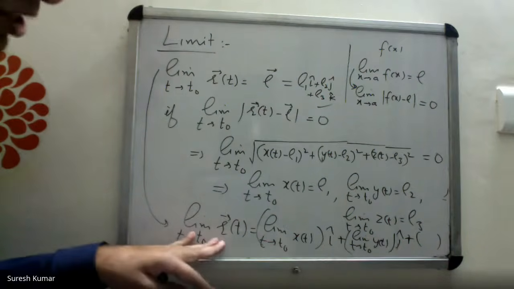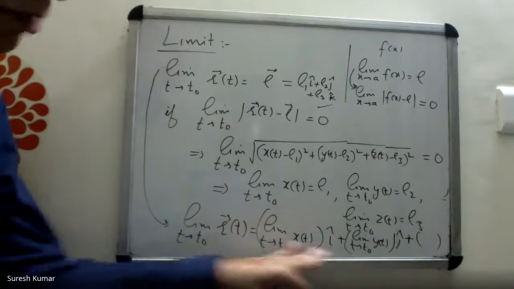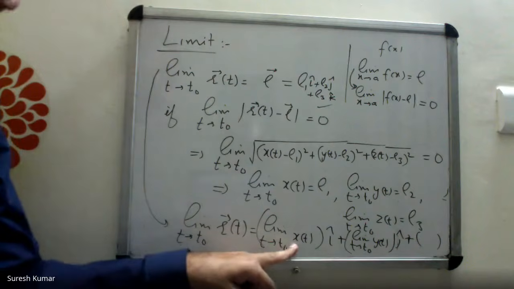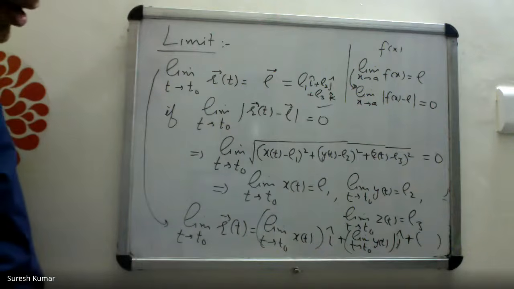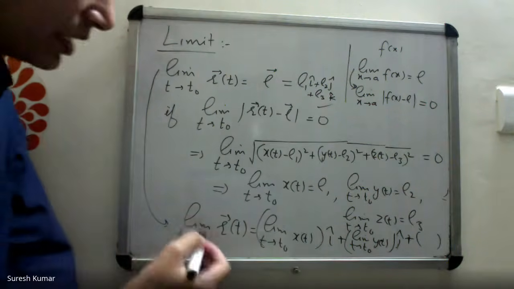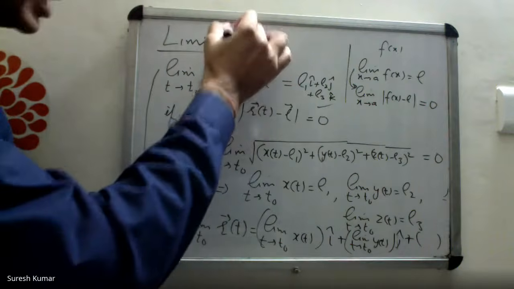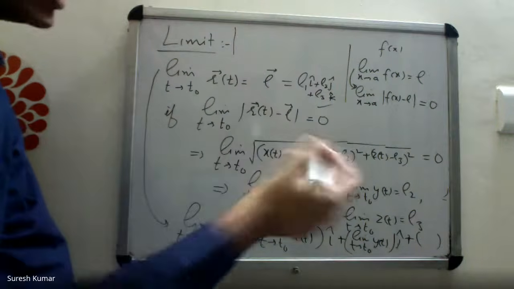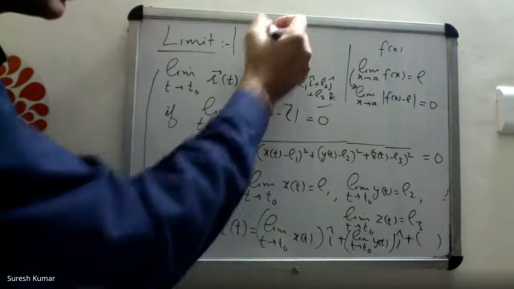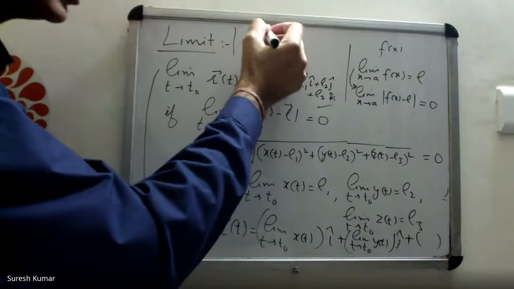Means taking limit of r means taking the limit component wise. And you know these are scalar functions. You can easily find their limits. Fine, there is a technical definition also. Let me tell you very quickly, but you need not use that. Just I'm telling you for completeness. What is that?